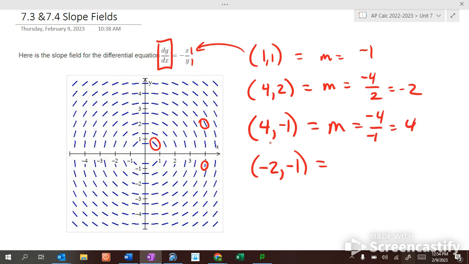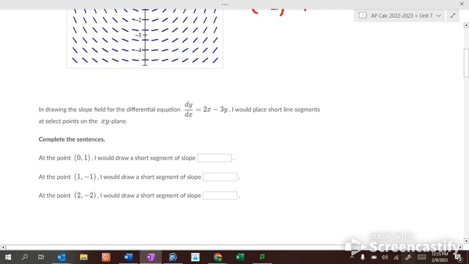What should that be? The negative of negative 2, which is 2, over negative 1, which is negative 2. So it's about negative 2. You can see how that kind of makes a circle there. So that's what a slope field is.